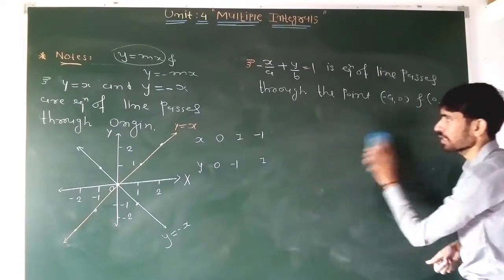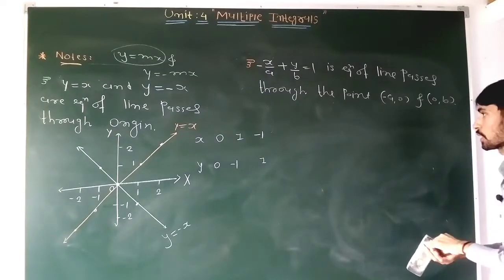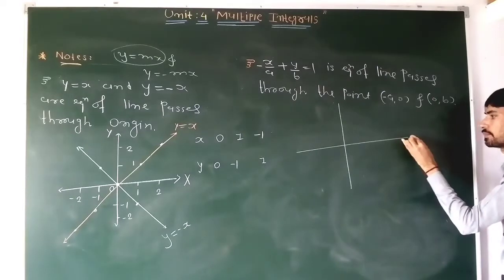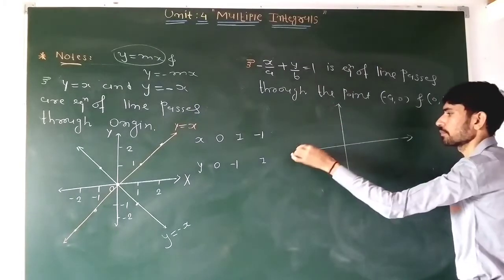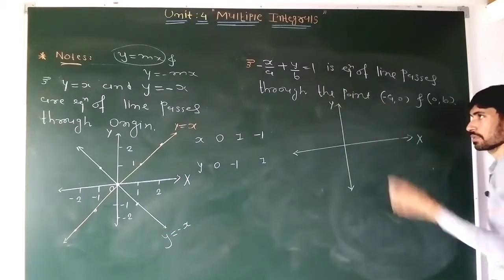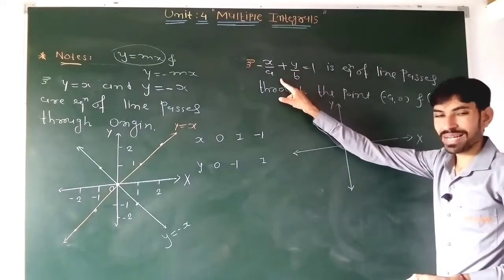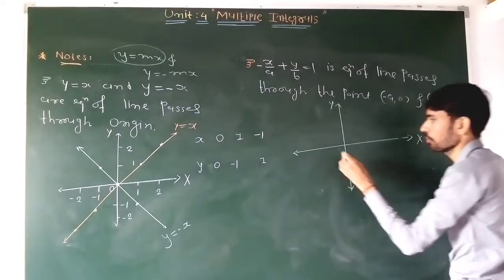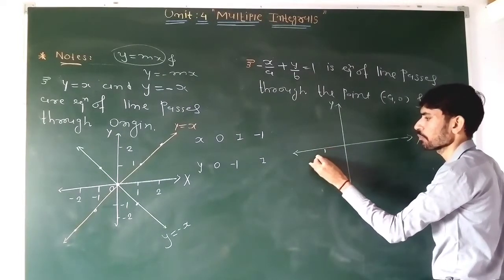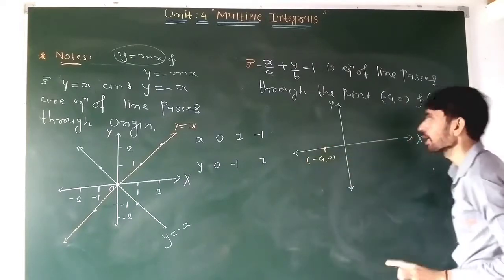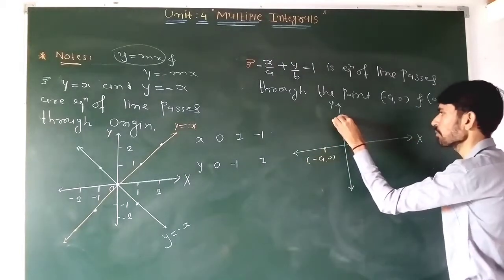Here the quadrant has changed. So here we draw this line. This is the x axis, this is the y axis. Our line passes through the point minus a0. So minus a0 will come on the left hand side. Suppose consider this is the point minus a0 and 0b is already positive 0b.